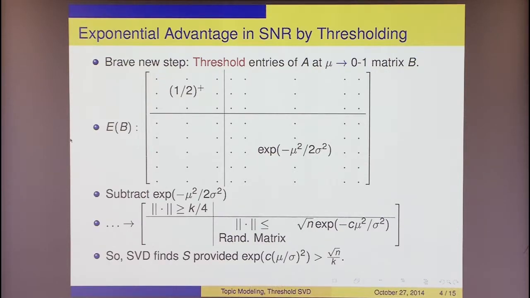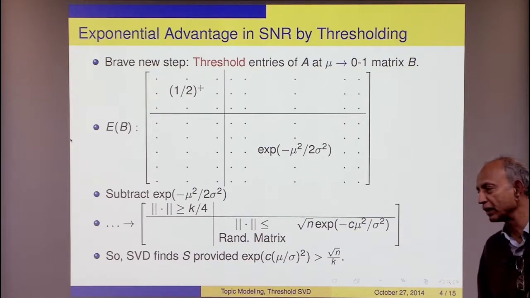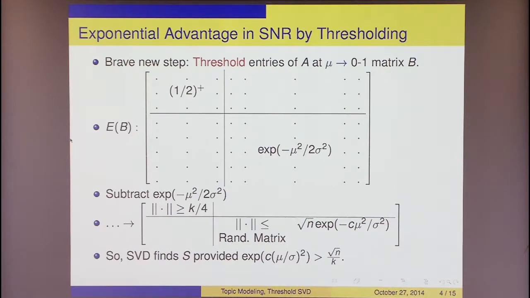And therefore, if I now did SVD, which is the way we solve planted clique quite often, if I threshold the matrix and then do SVD, I find that I'll succeed provided that k over 4 is greater than this, and that's just this, right? What has that bought you? Well, it's actually bought you something.